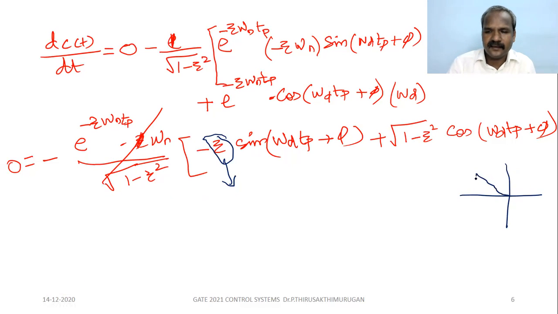Zeta is the cos term. This side is square root of 1 minus zeta square and this is 1. So zeta can be taken as cos phi, and instead of the square root term, sin phi.